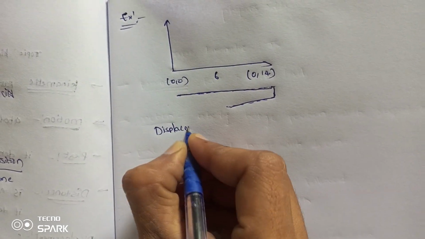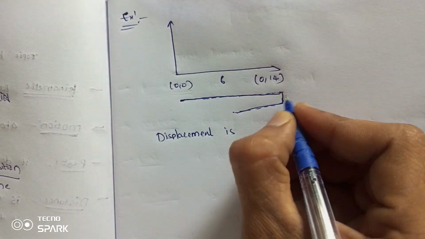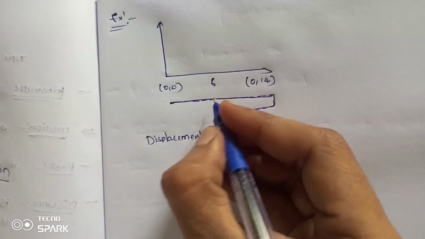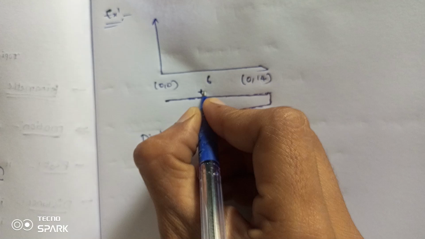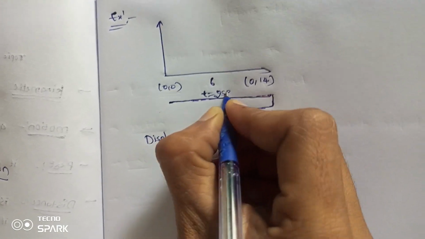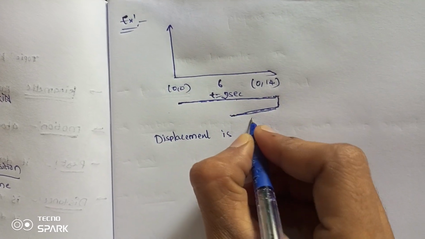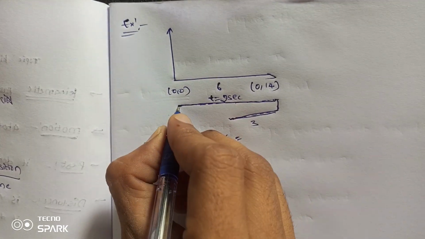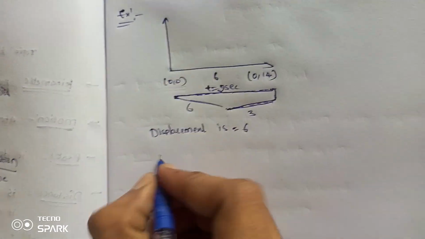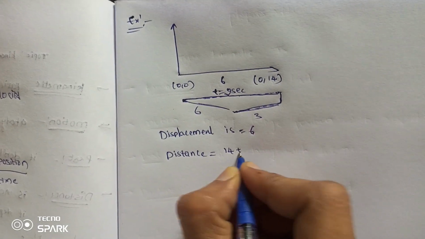Displacement is the shortest distance, which is 6, and distance is 14 plus 6 equal to 20.